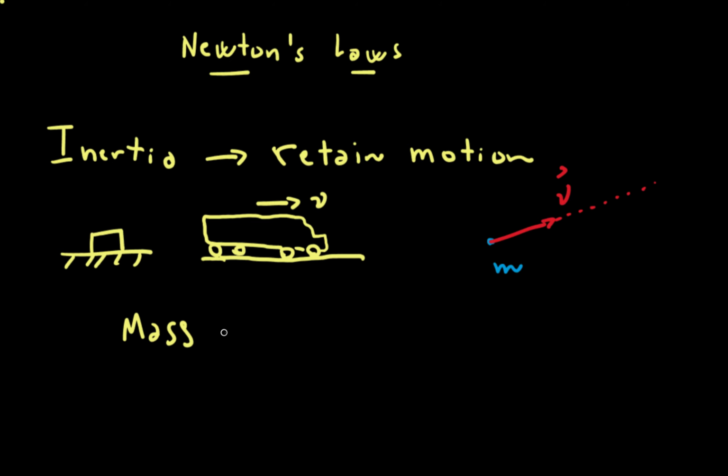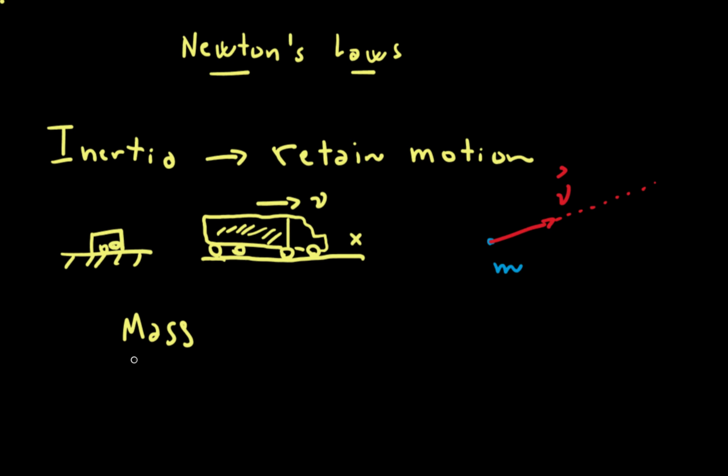And I can bring back this example here. A loaded truck will be much harder to stop than, let's say, a tiny car, right? A loaded truck has a lot more mass, meaning that it will resist changing its motion a lot more.